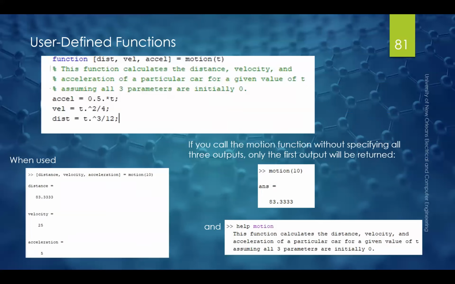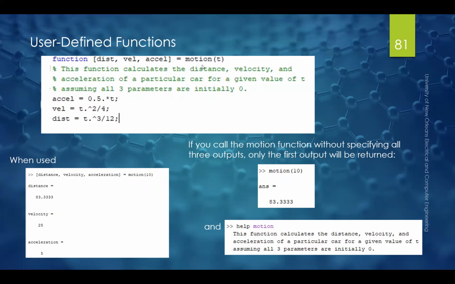Now, if we use this as an example for showing multiple parameters, we have this function that will calculate the distance, velocity, and acceleration of a particular car for a given value of time, assuming all three parameters are initially 0.